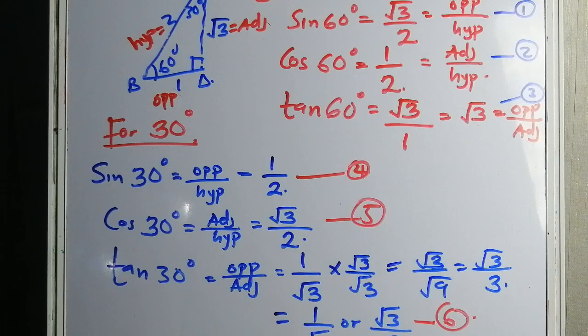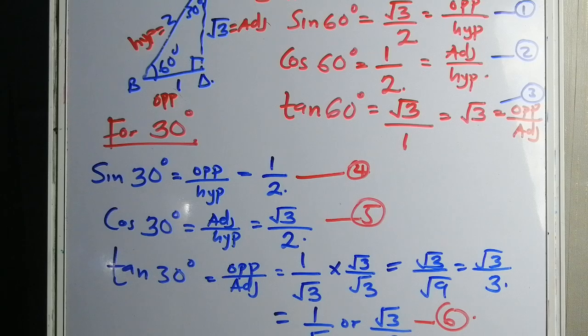It means that cos 60 degree equals sine 30 degree. That is equation 2, which equals equation 4. Very simple.